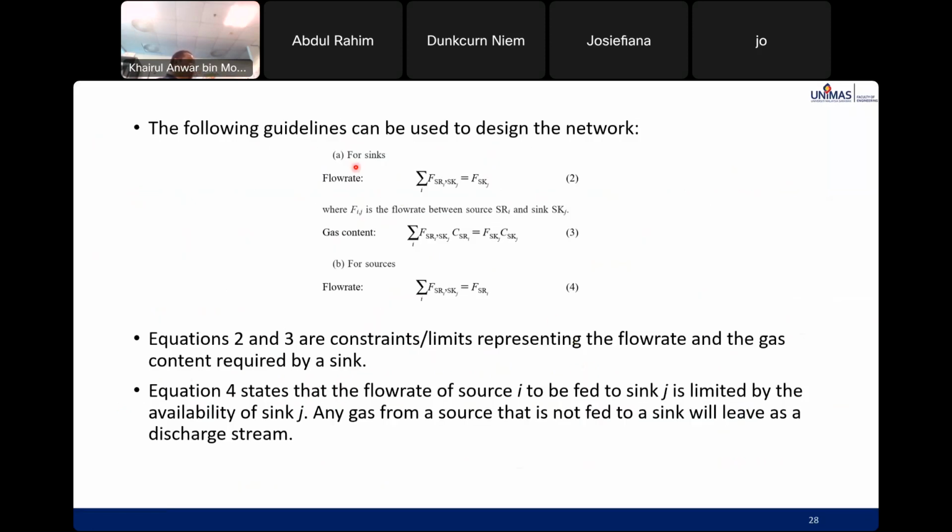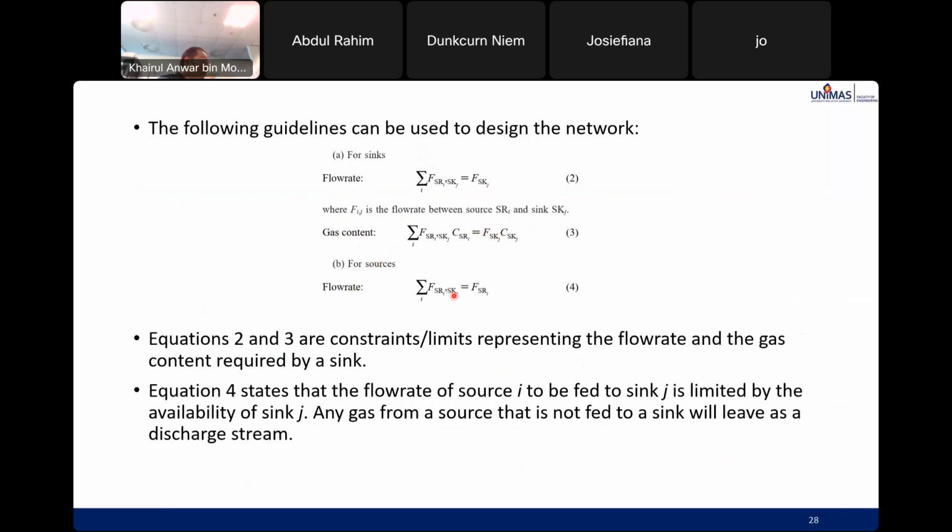The following guideline can be used to design the network. Supposing total flow rate of source, FSR, is equal to flow rate of sink. So gas content, FSR times CSR, where CSR refers to the concentration of source, is equal to flow rate of sink times concentration of sink.